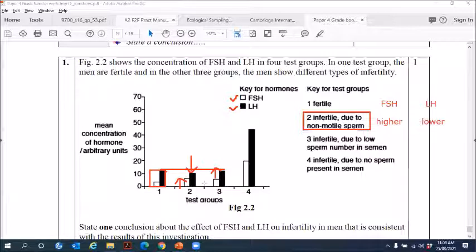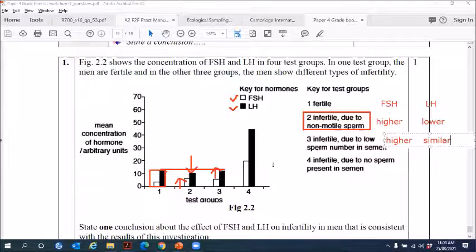So for the third group, the conclusion you can make is, when the FSH level is higher and the LH level is similar, it will lead to group 3 infertility, or you can say there will be a lower sperm number in the semen.